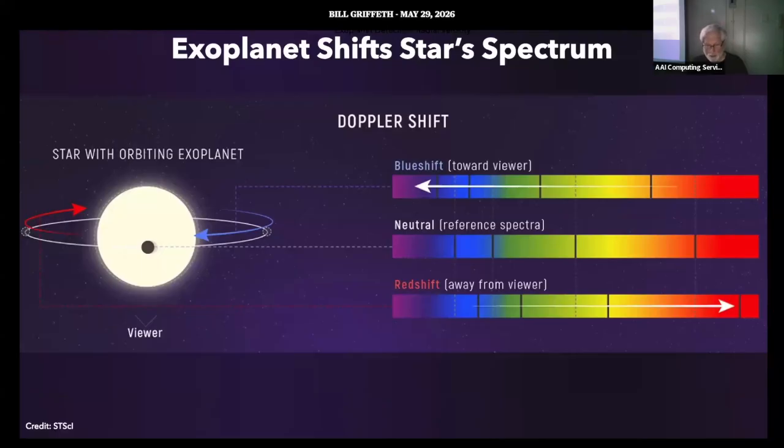And so I'm talking about it because it uses the star's spectrum to determine the presence of the exoplanet or planets. It's called the radial velocity method, detecting exoplanets. And it looks for periodic shifts in a star's spectrum.